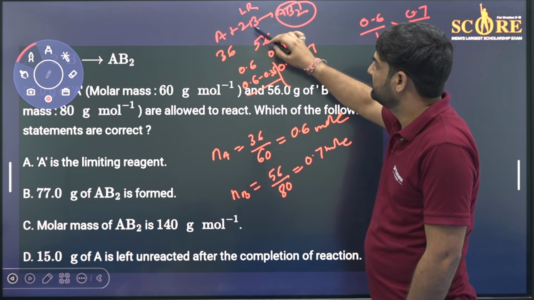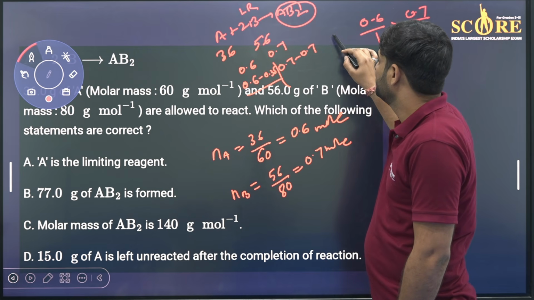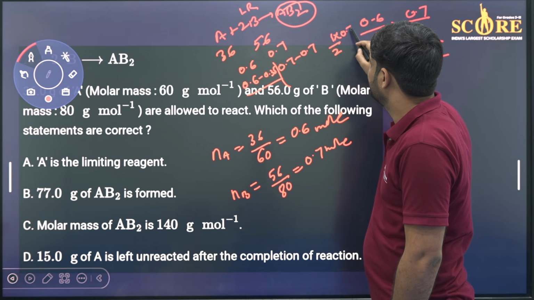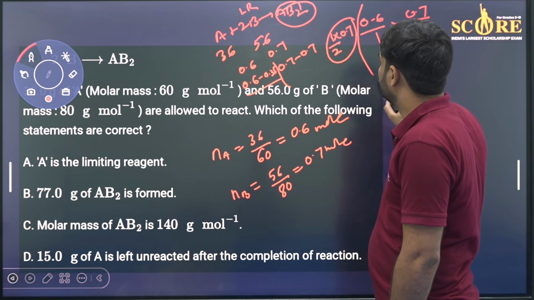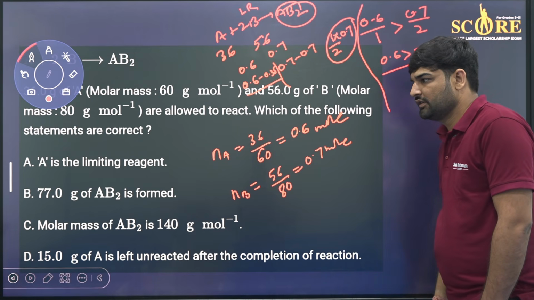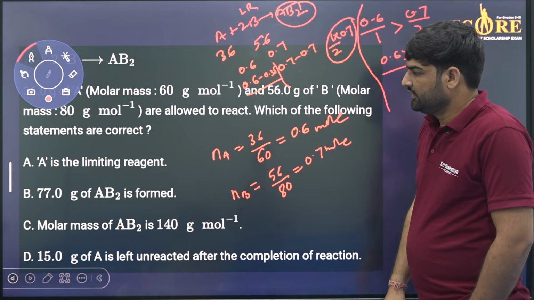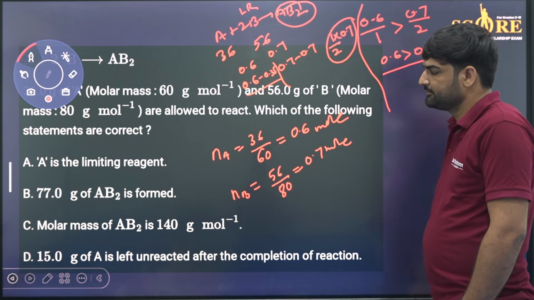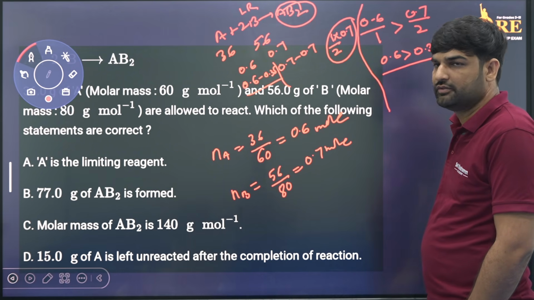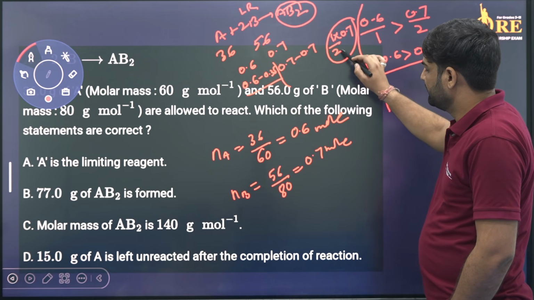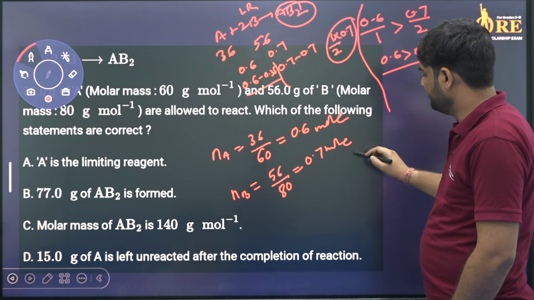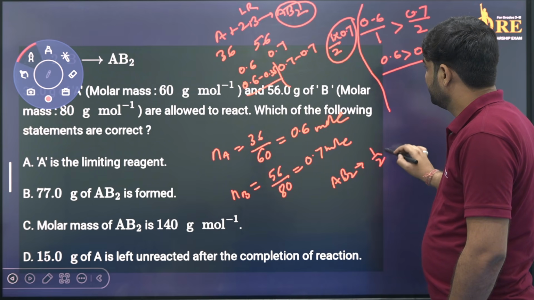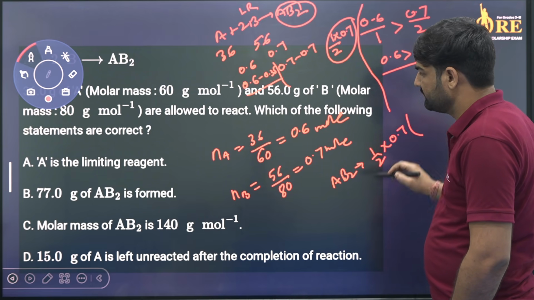What will be AB2? This is 2, this is 1. So this will be 1 by 2 multiplied by 0.7. These are the moles of AB2 formed. So in the second option, a mass of 0.77 gram of AB2 is given. If you want to calculate the mass of AB2, you have to write moles and molar mass of AB2.